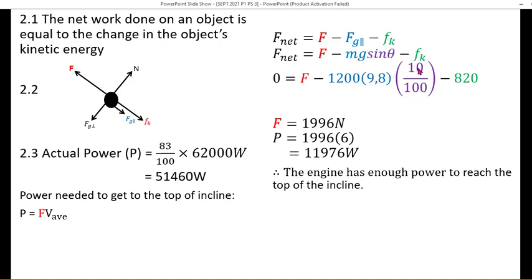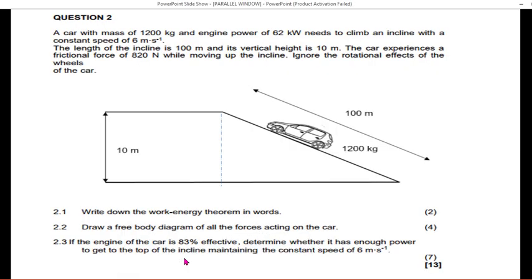Now sine theta here is 10 over 100. Let us see why we say it is 10 over 100. Let's go back and check from the question. Now sine theta is not given, the angle is not given, but we have information to calculate the angle. Remember, sine of an angle is defined as what?